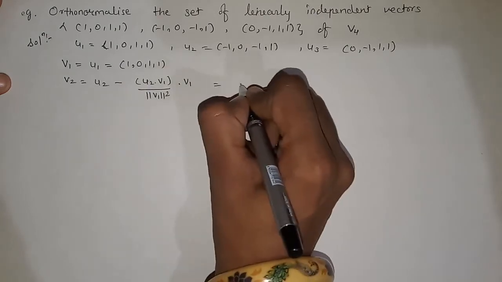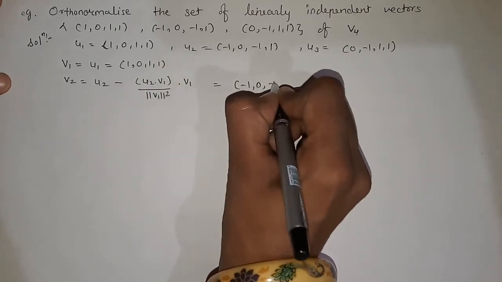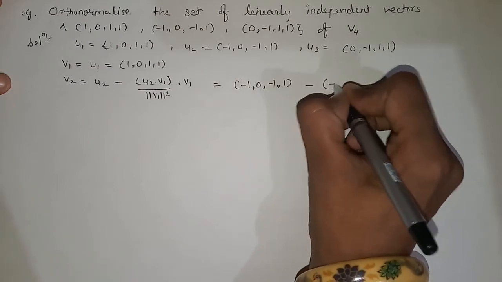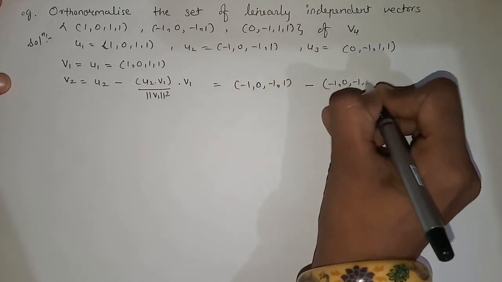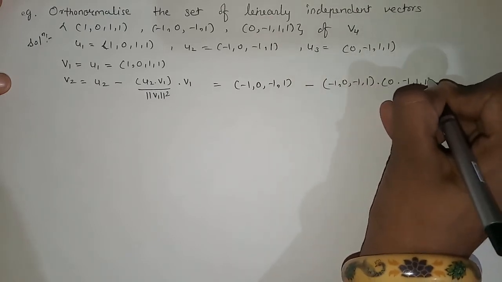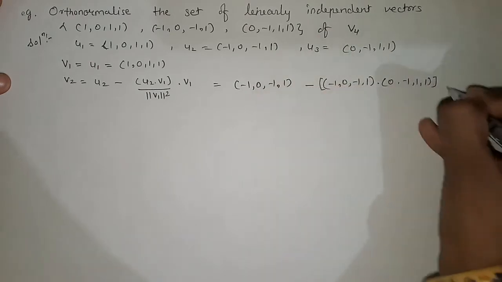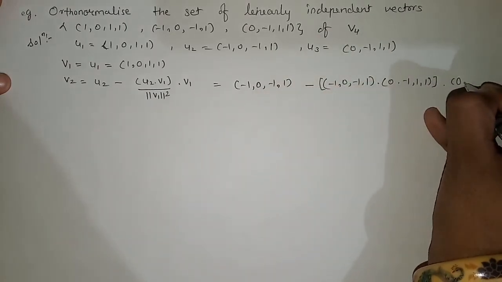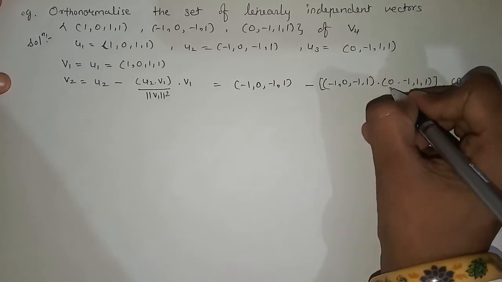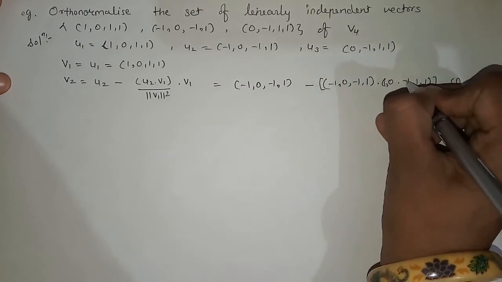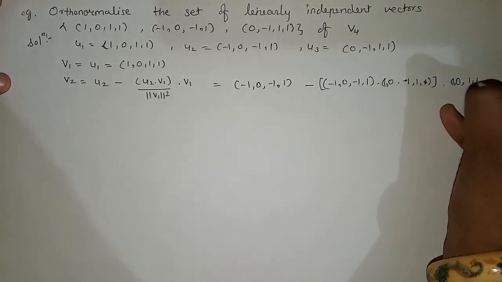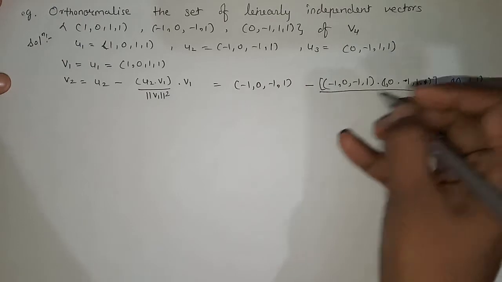So U2 is (-1, 0, -1, 1), minus the inner product of U2, (-1, 0, -1, 1), with V1, (1, 0, 1, 1), upon the norm of V1 squared.